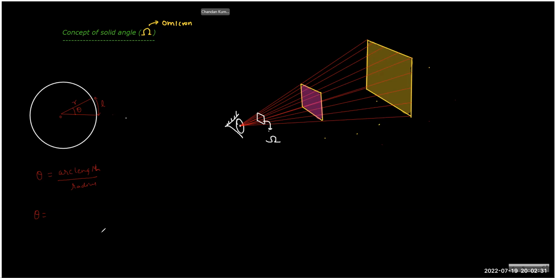So L upon R is the definition of plane angle in radian.